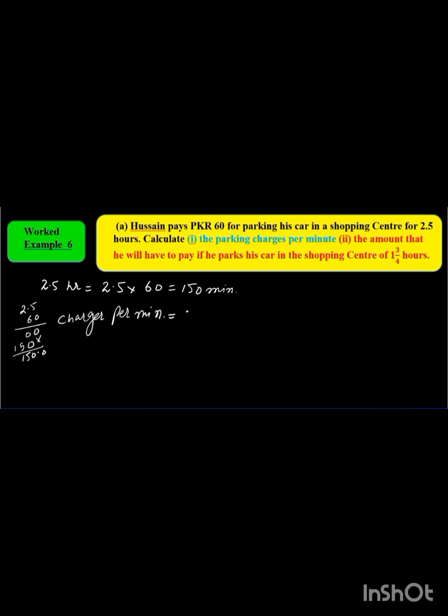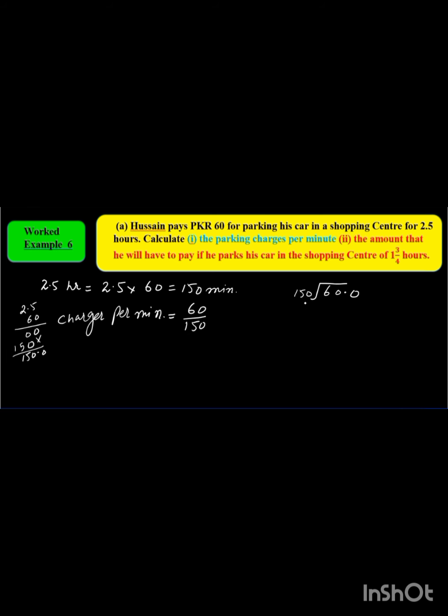So simply we have to divide 60 PKR by the total minutes, that is 150. You can divide it now. It's again the division of decimals, because 60 is a smaller value, so we put a 0 and a point and then a 0. So again we put a decimal here.